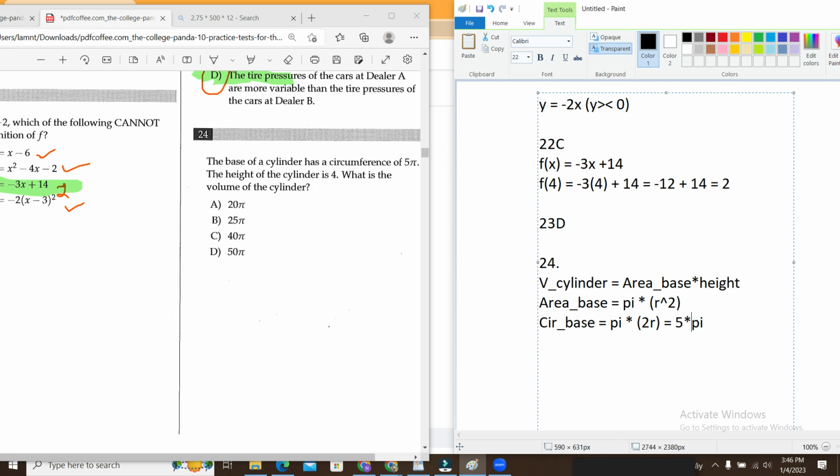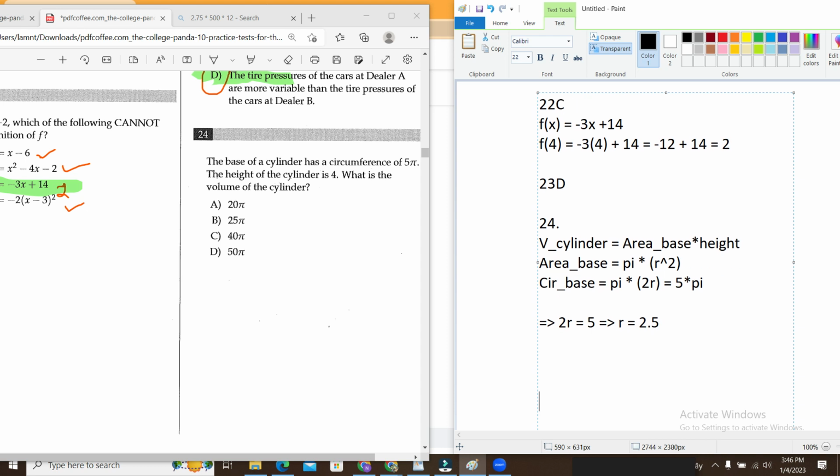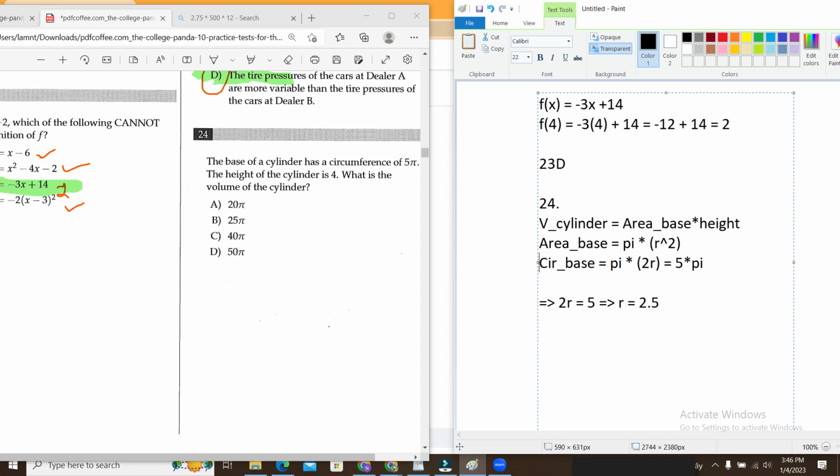So we can deduce that 2r is equal to 5, so r is 2.5, right? So we can plug it in and find the area. The area is going to be pi times r squared, which means pi times 2.5 squared.